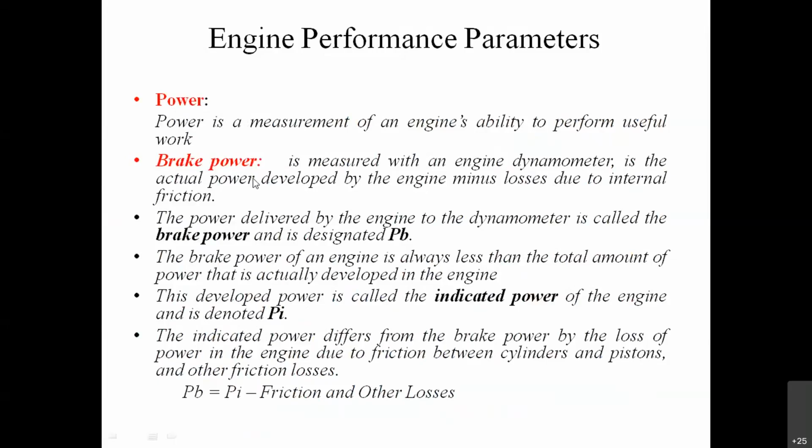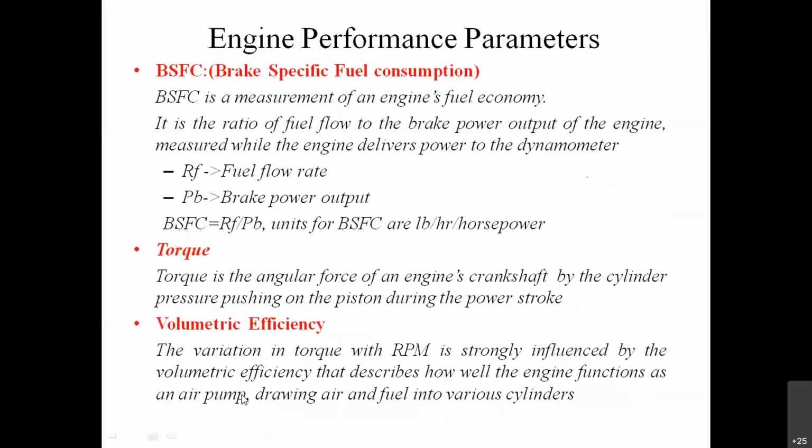All these friction losses or inertial losses are subtracted from the actual power, and the resulting power that we get is known as brake power. Brake power is represented as PB, whereas your actual power is known as indicated power, represented as PI.